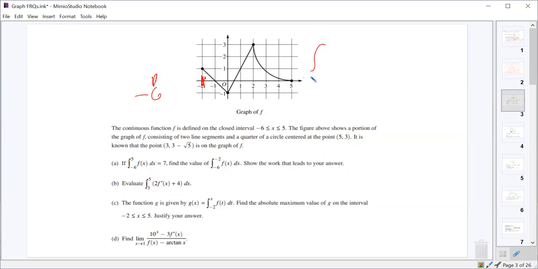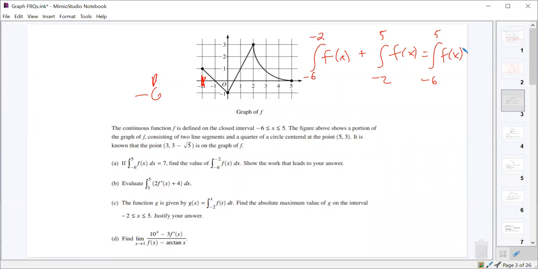Well, the integral from -6 to -2 of a function, plus the integral from -2 to 5 of a function, should be equal to the integral from -6 to 5 of that function. True? That's just one of those original rules that we talked about with integrals. We can go across this by adding any pieces together to combine them.